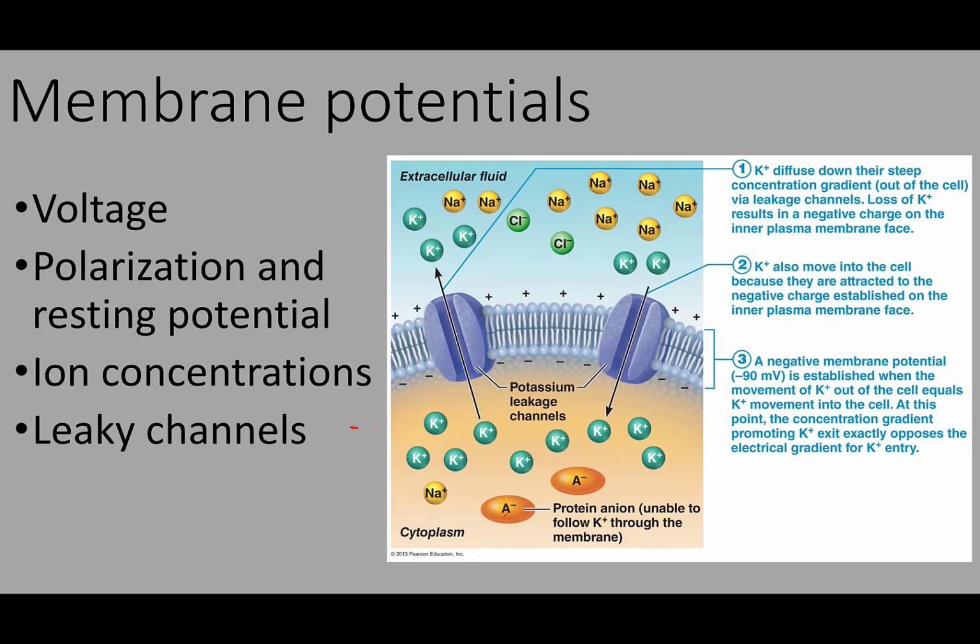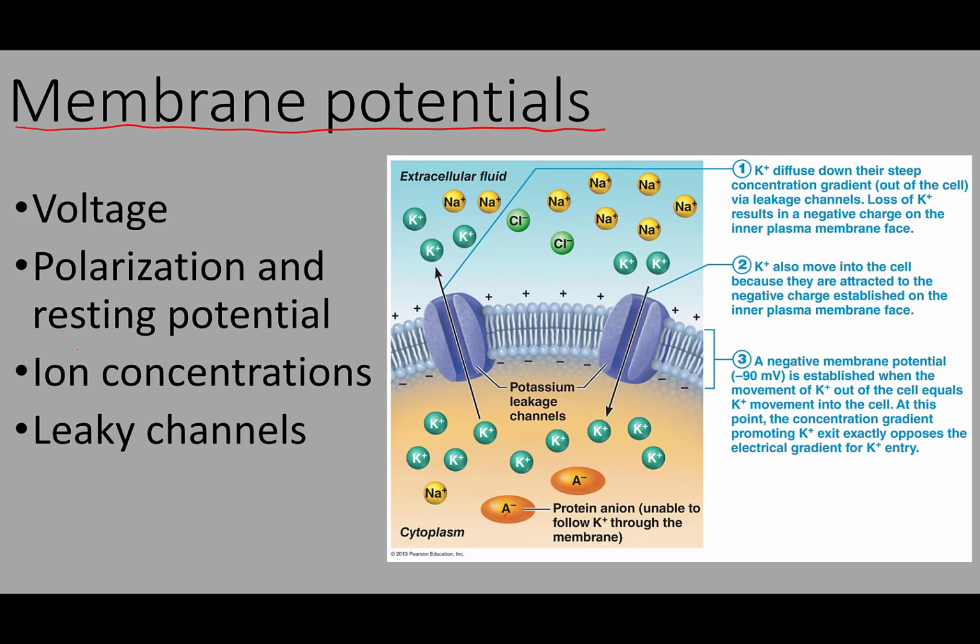Muscle cells are negative 90 millivolts inside compared to outside when at rest. Different cell types have different voltages. But because there is a voltage, we say that the membrane has a membrane potential.